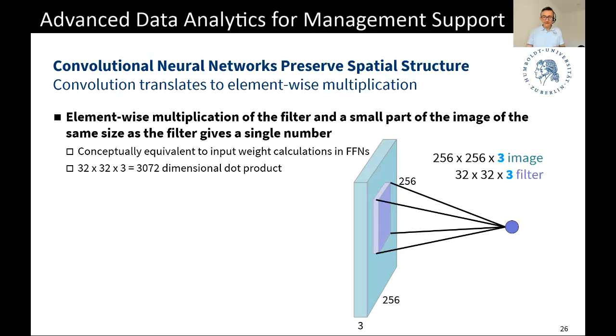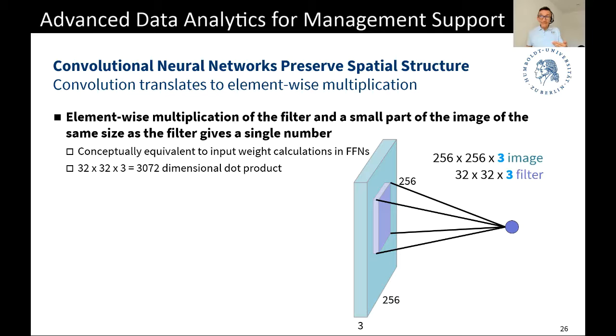In my example, we have a 32 by 32 filter where the depth dimension is equal to 3 as the source image, which means that we have 32 by 32 by 3, or in other words, 3072 elements over which we calculate the dot product, right?